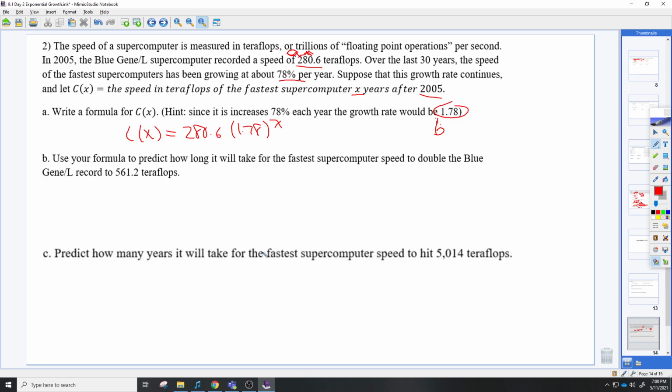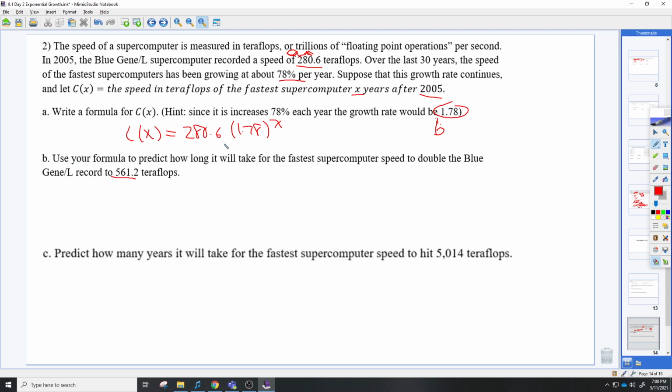For B, use your formula to predict how long it would take for the fastest computer to double the Blue Gene record to 561.2. Okay. So let's see how long that's going to take. I think I'll put this in the table as well and see when it gets close to that.